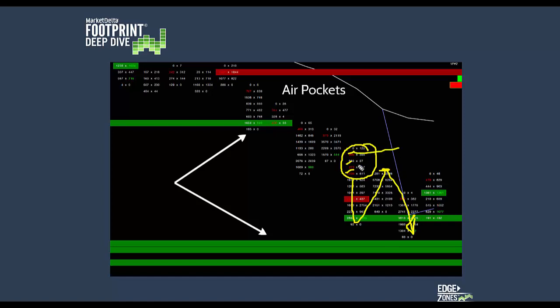This wasn't an official red edge zone, but it's a thin spot. And I took this example because back in the day, before the introduction of these edge zones in the footprint, I would tell people thin spots, and I would tell people this is going to be good resistance. And there still wasn't a high enough grasp of this being resistance unless there's a physical line drawn in there.